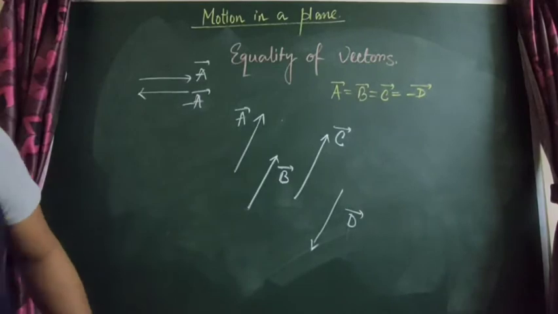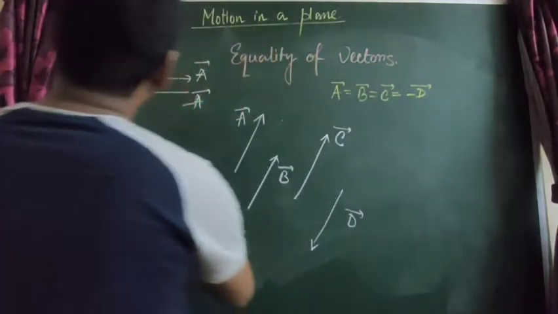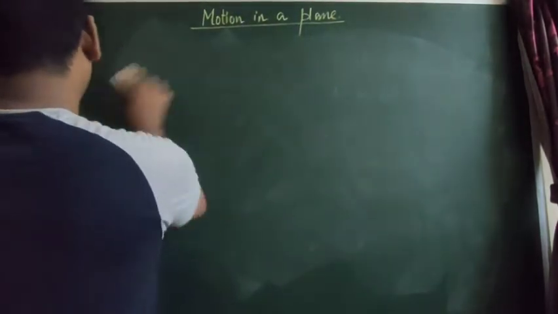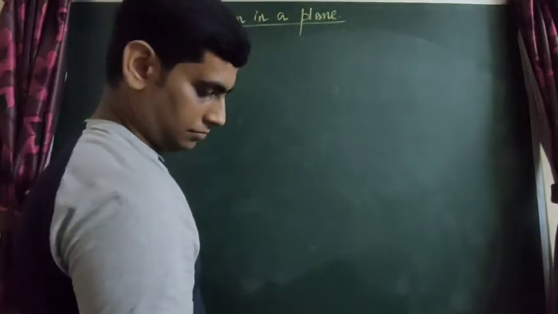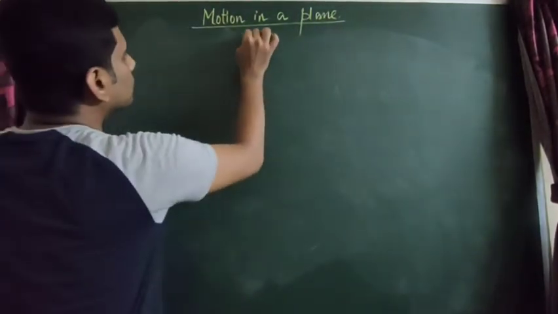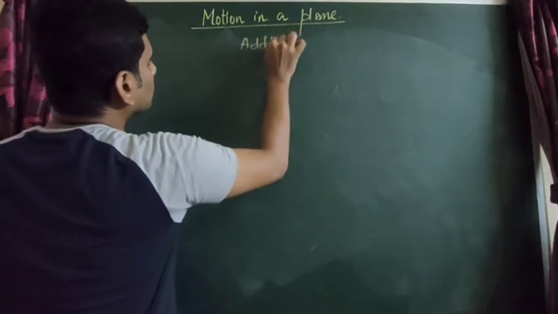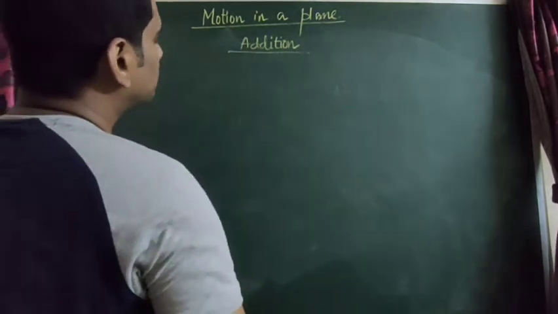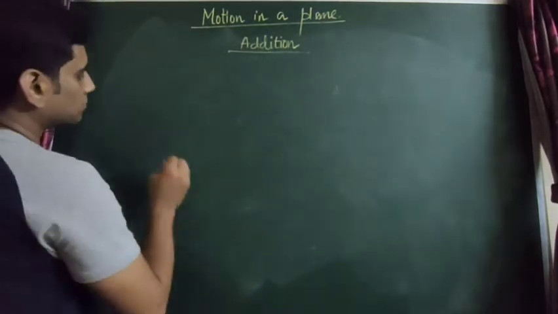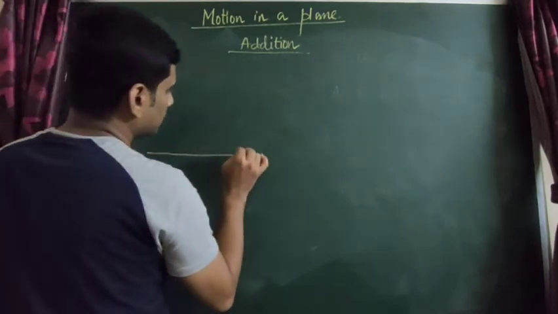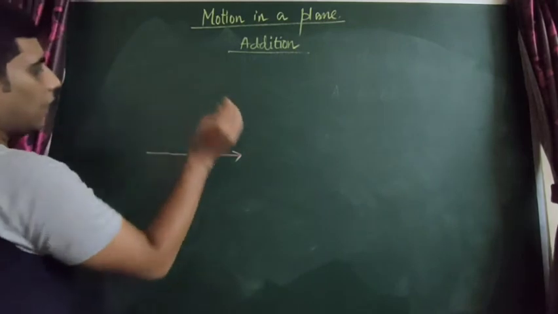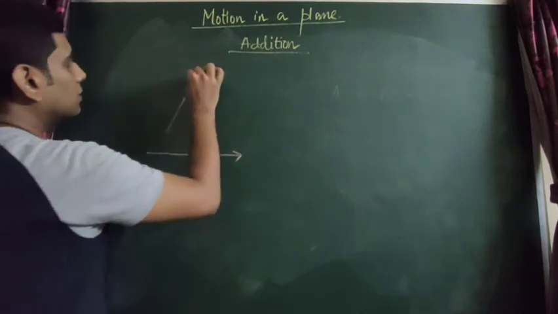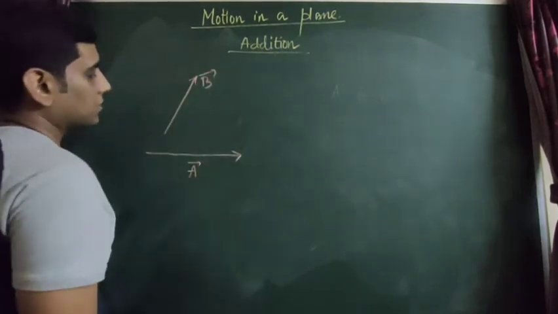Next, we will discuss addition of 2 vectors. Suppose there are 2 vectors, one is this A vector, and another vector is, suppose, this B vector.